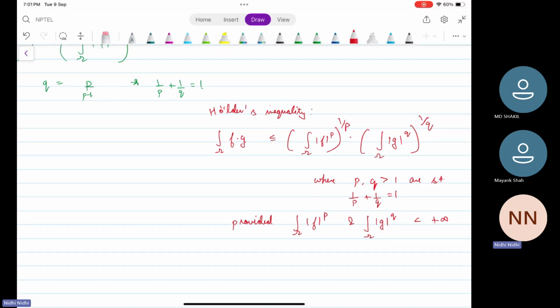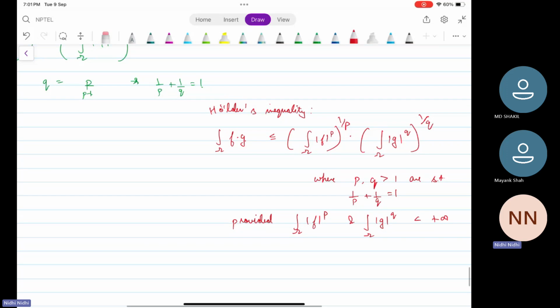So we say that if f is in L^p and g is in L^q, then f times g is an element in L^1. So this is how we have Hölder's inequality.